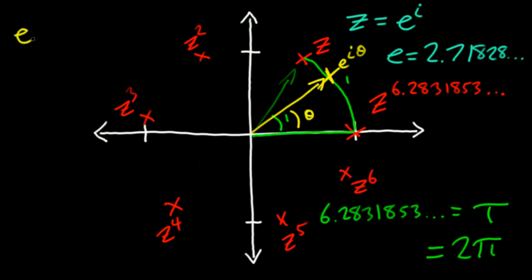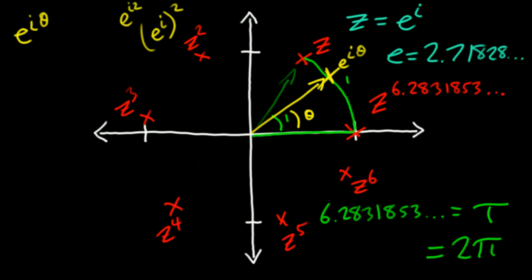That's a very special thing to remember, e to the i theta, or e to the i of whatever angle you want in radians. So for example, z squared, that's e to the i squared, and following the rules of exponents, that's e to the i times 2, or e to the 2i.